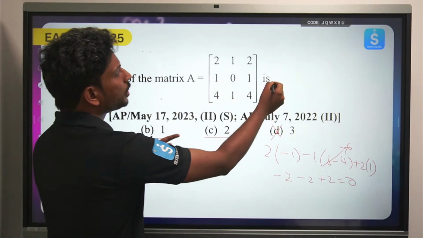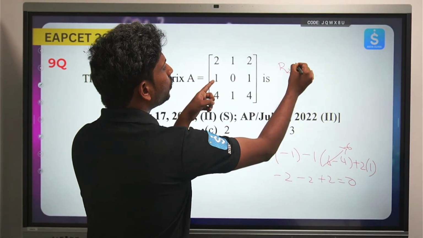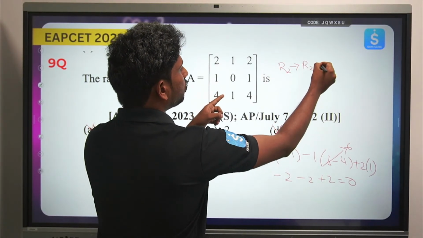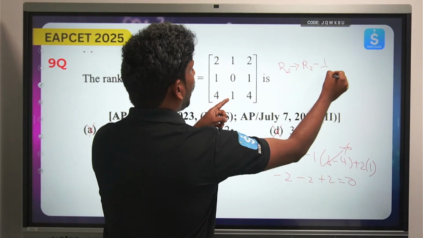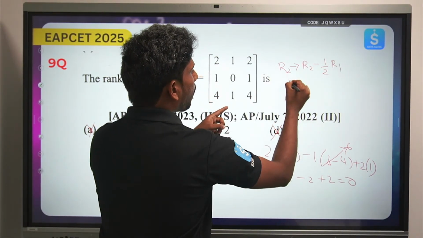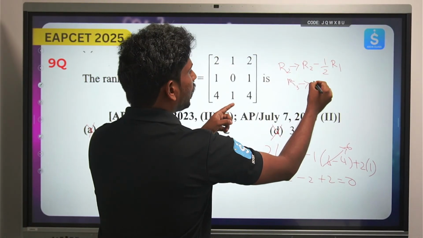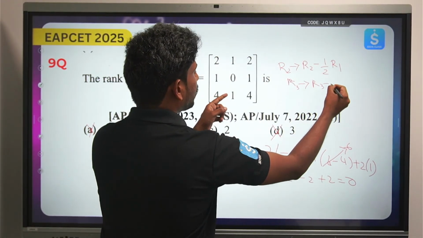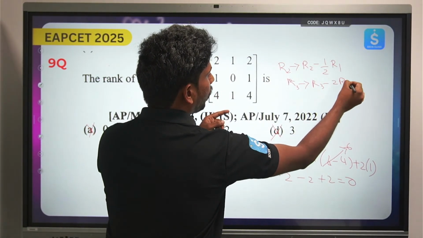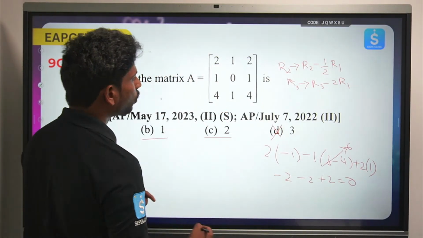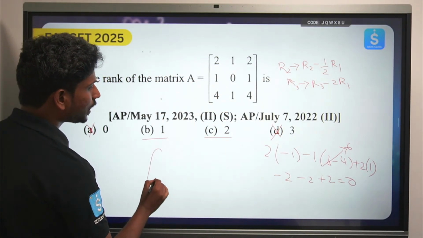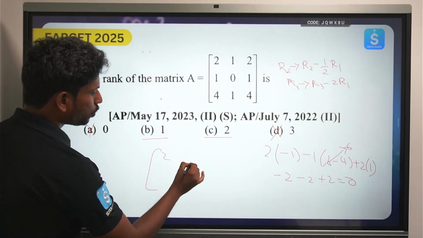So what do we do? Take a suitable row operation. R2 gives R2 minus half R1. Okay, R3 gives R3 minus 2R1. In that case, this completely turns out to be 2 1 2.